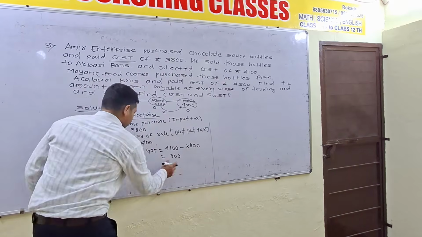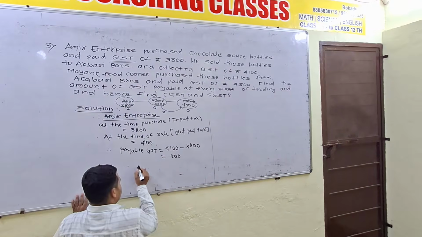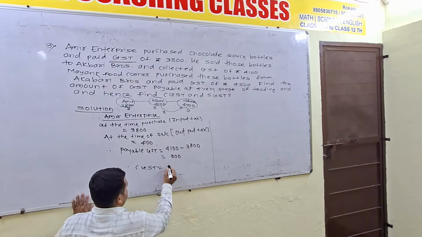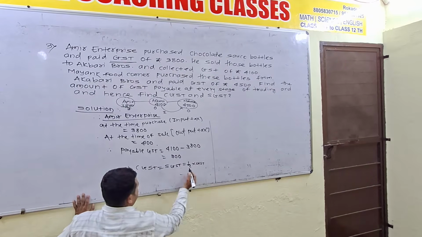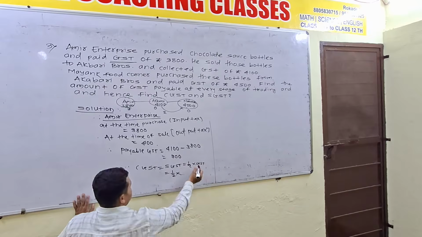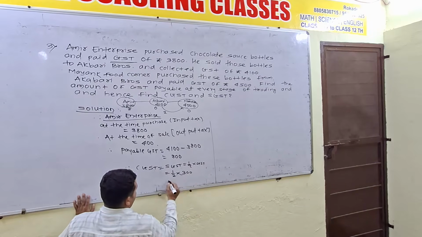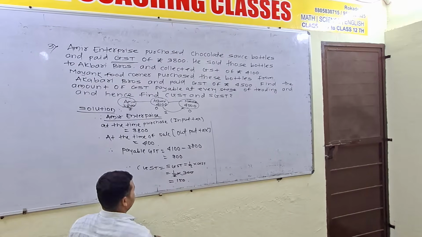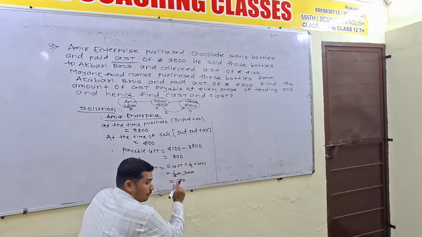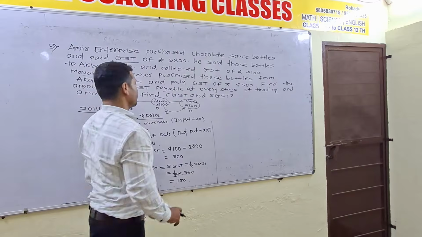If we find the GST, then CGST is equal to SGST is equal to 1/2 into GST. GST is 300 rupees, so the answer is 150 rupees. So CGST and SGST is 150 rupees at the first stage.